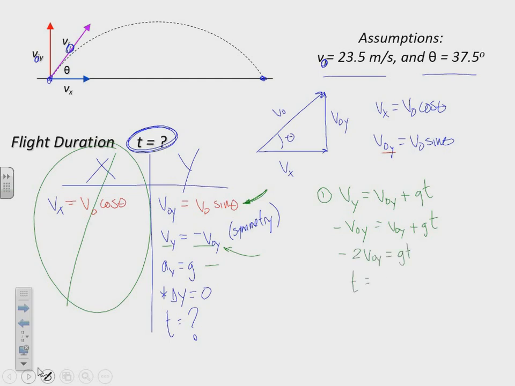Or t is negative 2 V naught y over g. Or negative 2, well, V naught y is V naught sine theta, over g. There's an expression for how long a projectile spends in the air, assuming you know its initial velocity and the angle it's shot at.